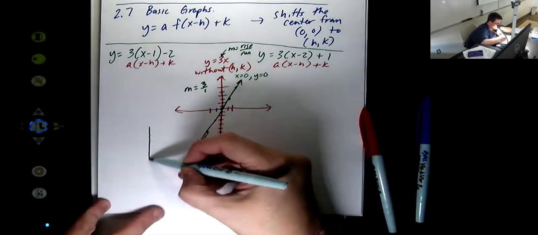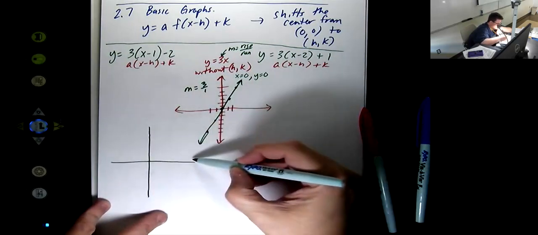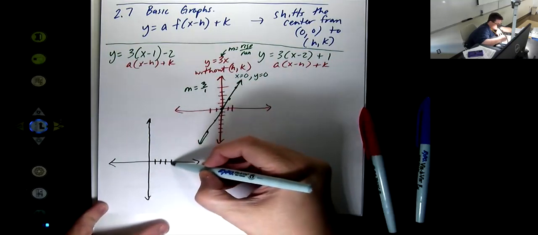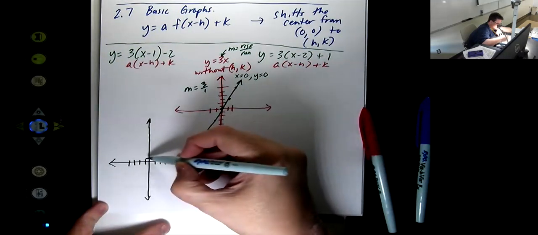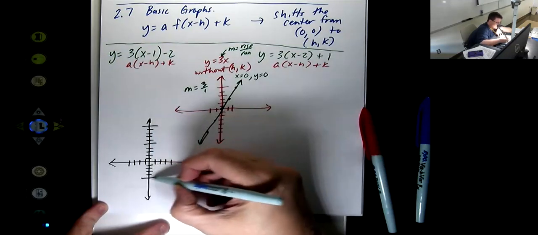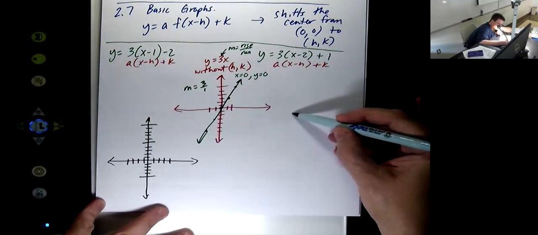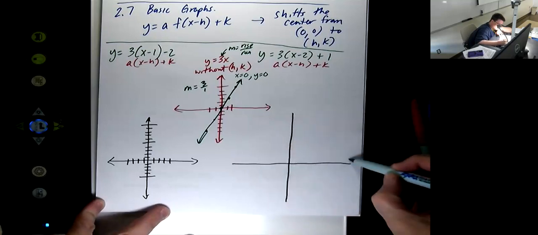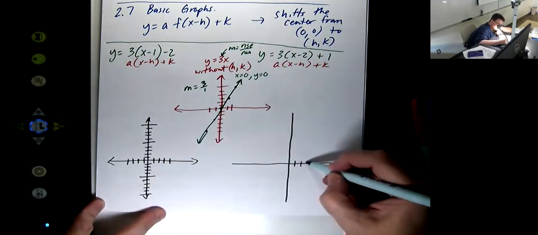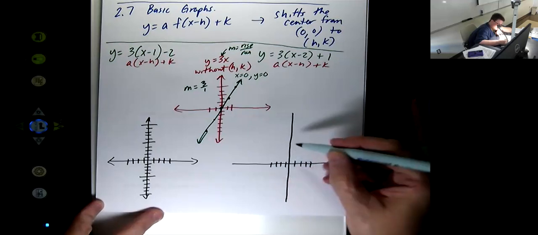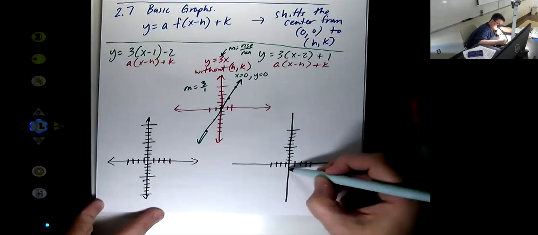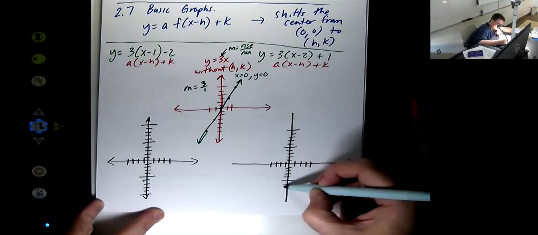Now, let's look at these other two graphs. I'll count 5 left and right, and 5 up and down.